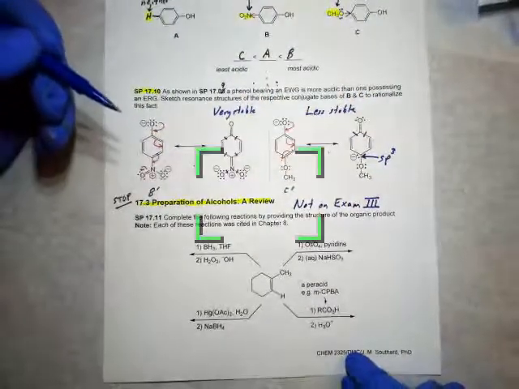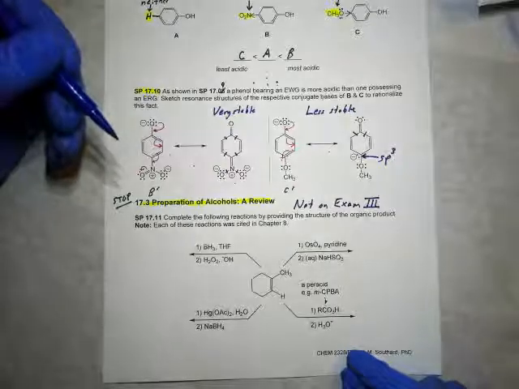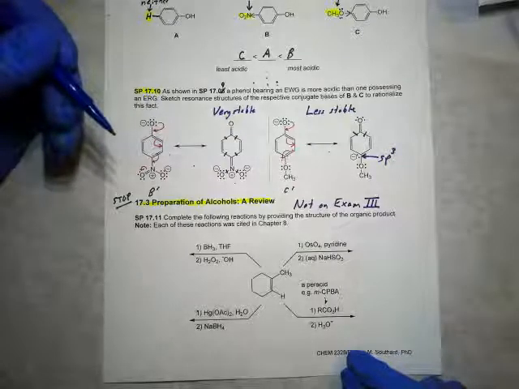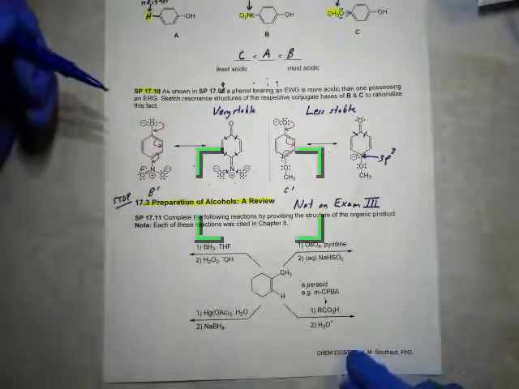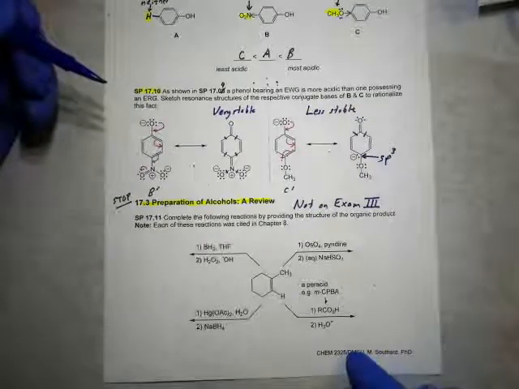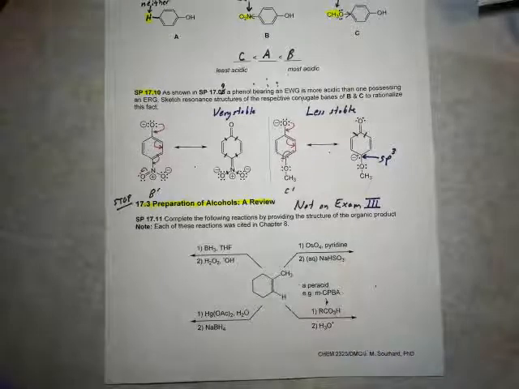So will it appear on the final? It may appear on the final. That determination still has to be made. So for now though, let's go ahead and go directly to page 90, and we can look at other ways to prepare alcohols.